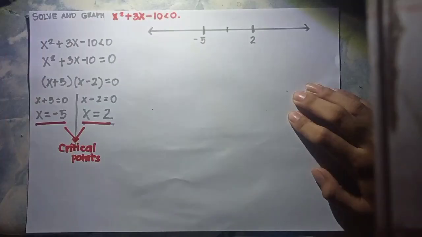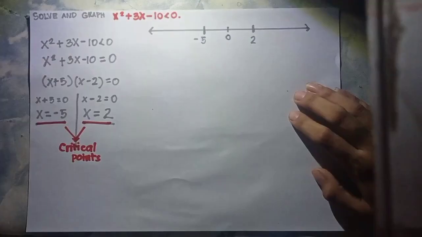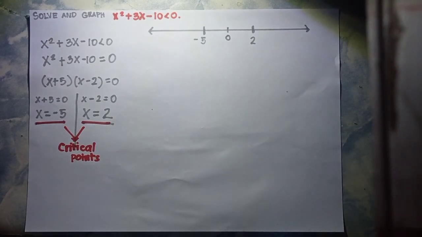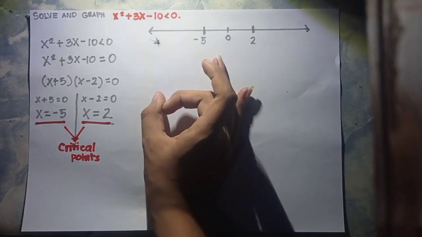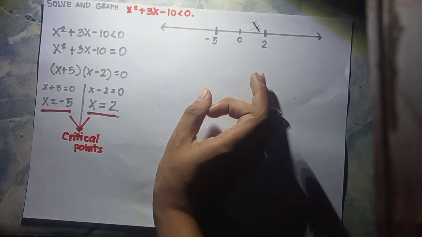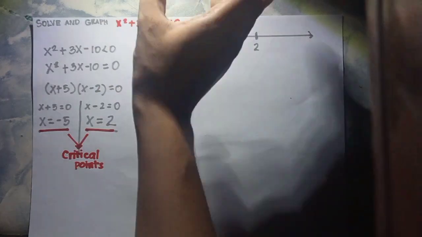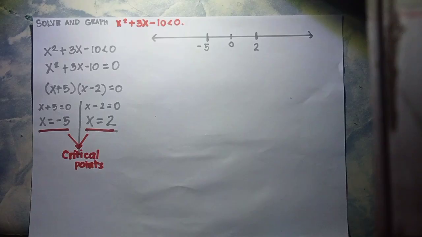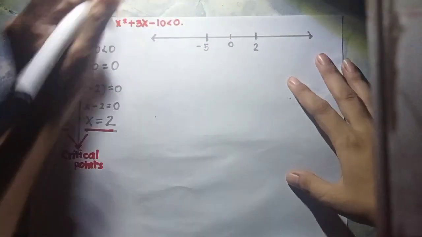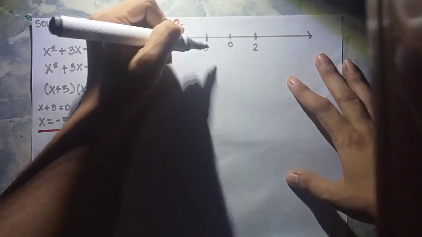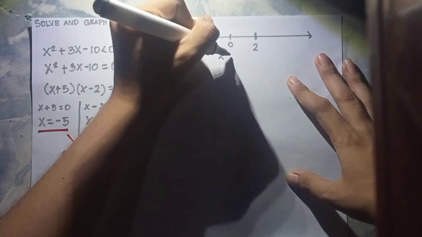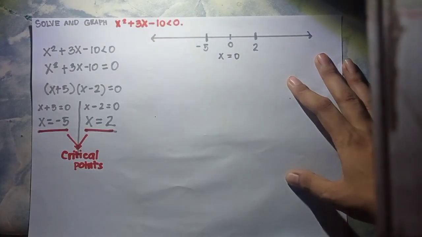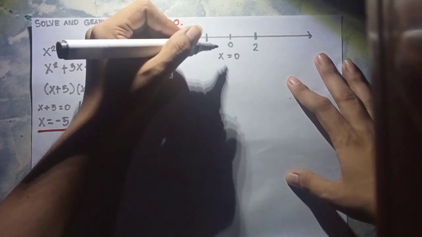Now, we will find where the solutions for our quadratic inequality are. Let us put 0 in the middle, which will represent the middle part. Excuse me for the mosquito. Today, we will represent the 0, where x is equal to 0.